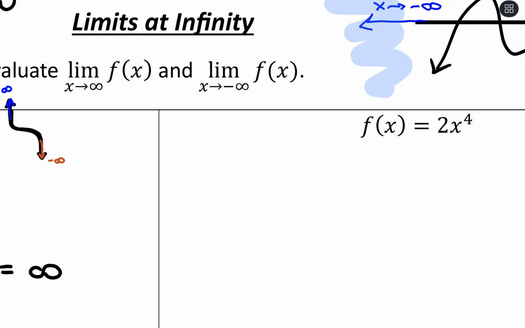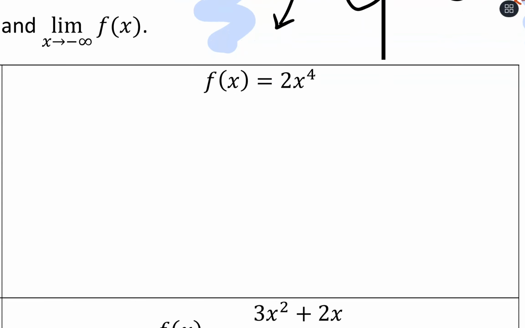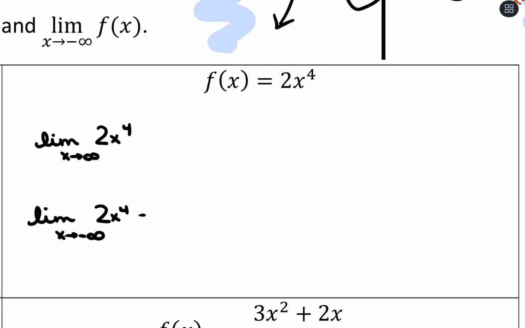Let's look at this one here. Evaluating the limit as x approaches positive infinity for 2x to the fourth, and the limit as x approaches negative infinity for 2x to the fourth.